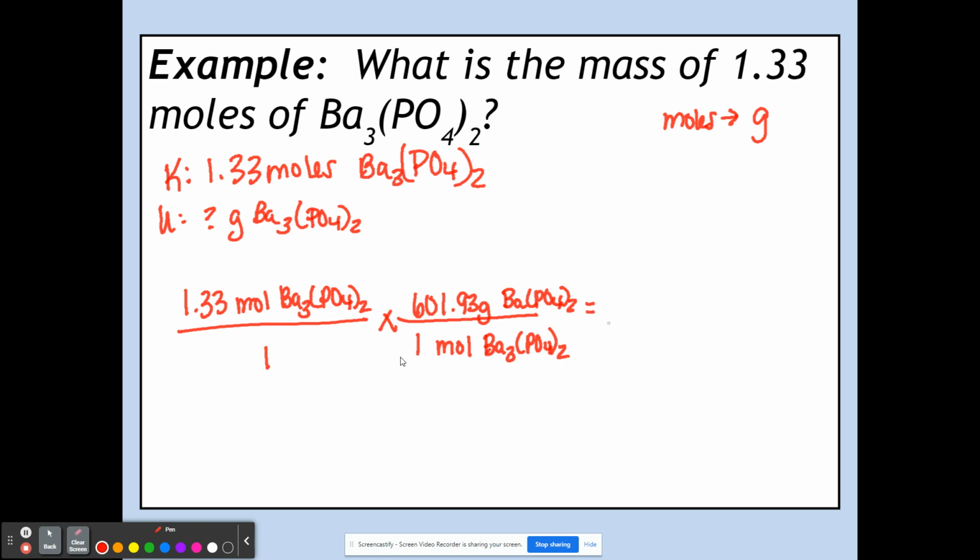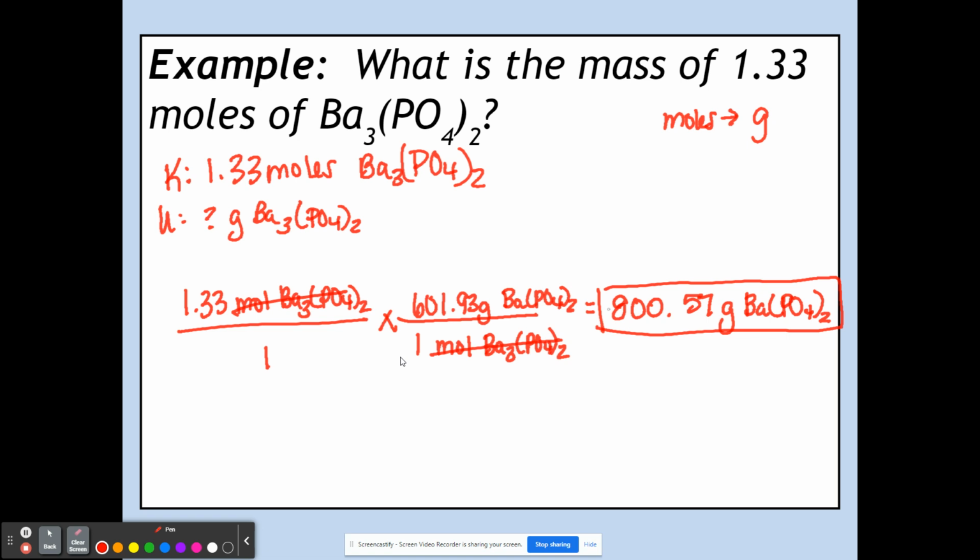Then I'm going to multiply and get my answer. Moles is going to cancel out, and I'm going to be left with grams. So I'm going to multiply that in my calculator and get 800.57 grams of barium phosphate. And that is my total answer.